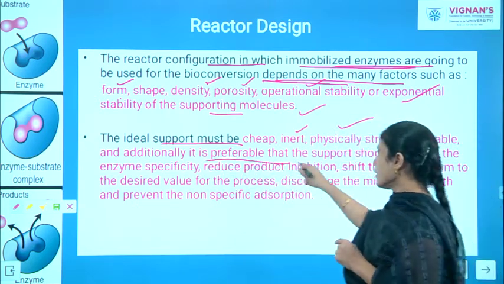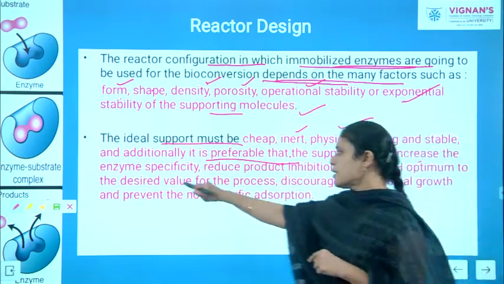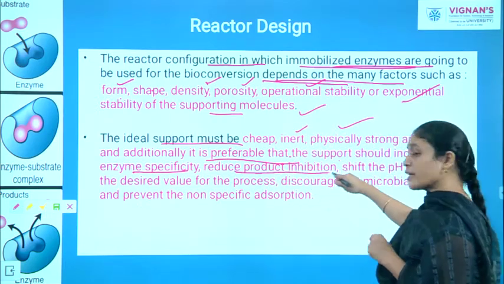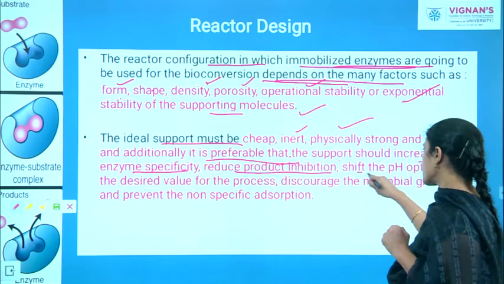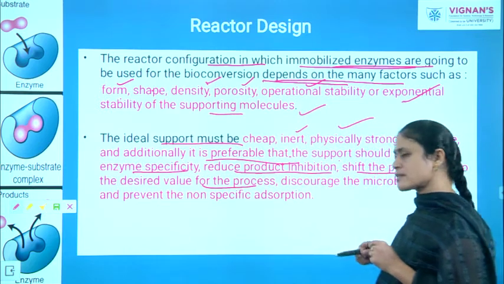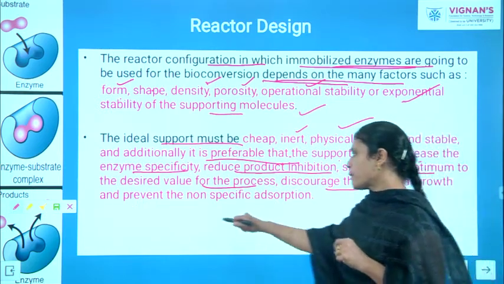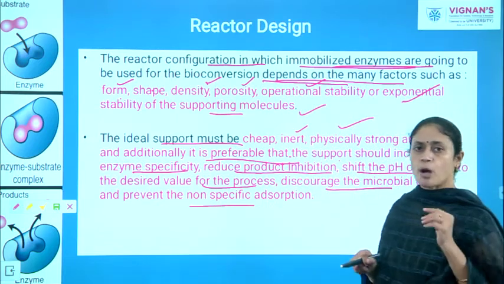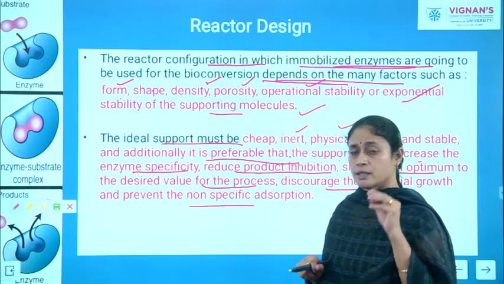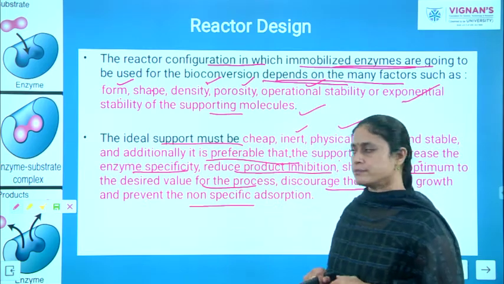And additionally, the preferable support should increase the enzyme specificity, reduce product inhibition, shift the pH optimum to the desired value for the process, discourage the microbial growth and prevent the non-specific absorption. Then only you can get the desired product in a desired concentration.